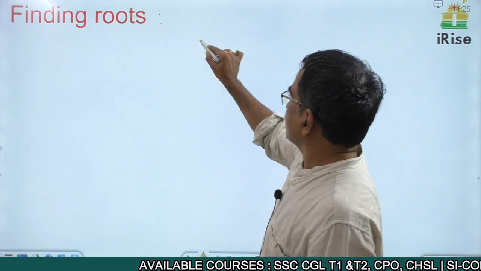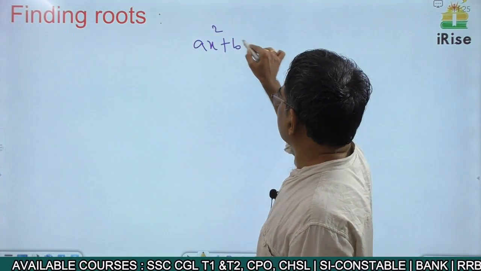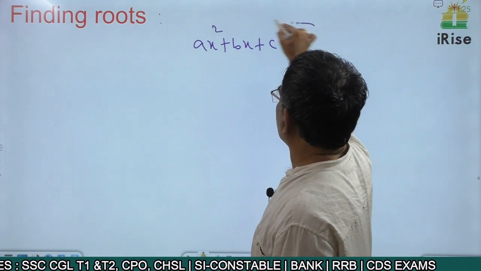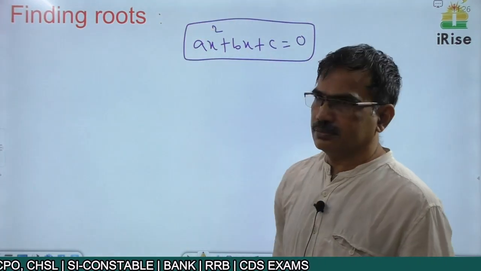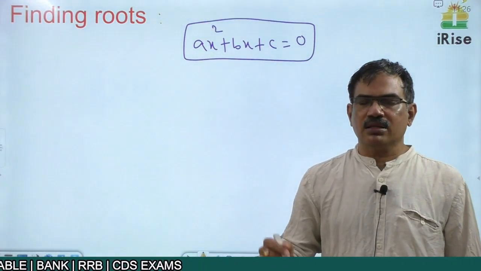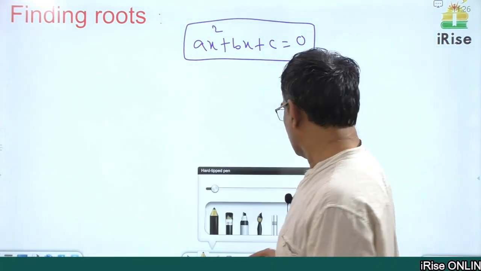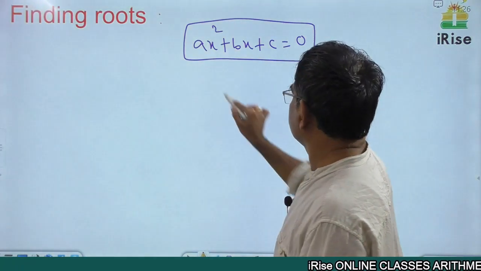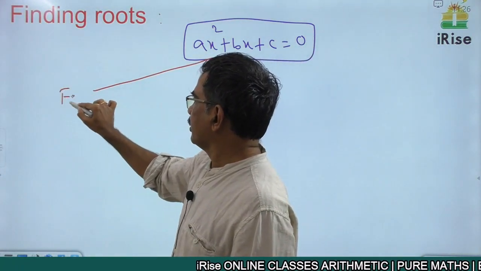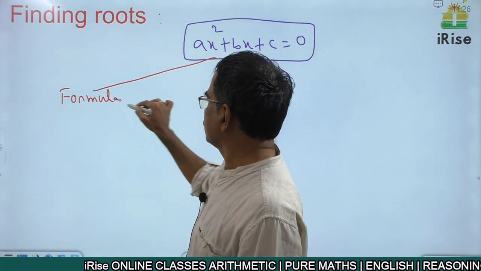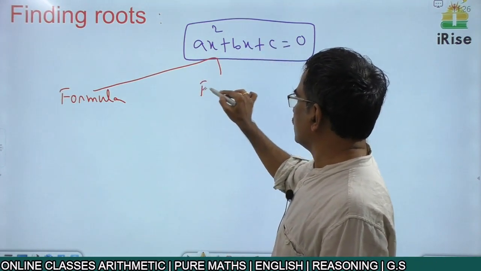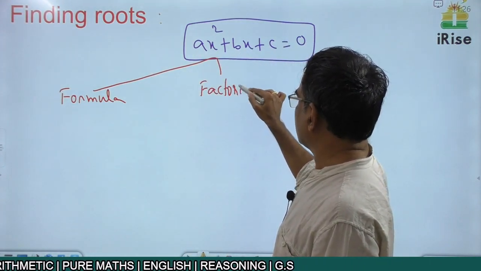If ax square plus bx plus c is equal to 0 is a quadratic equation, there are 3 methods of finding roots of a quadratic equation. One is formula. The second one is factorization.